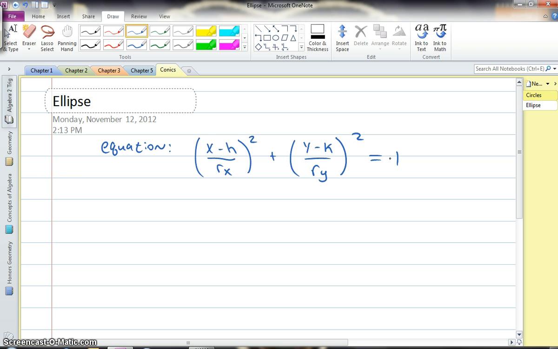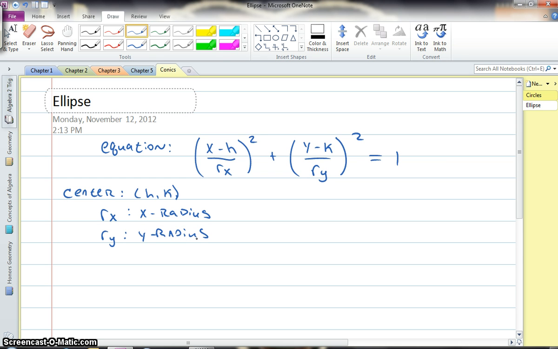There's multiple parts to this equation. There's the center, which is also h, k, opposite inside, always focused on the numerator. We said your r sub x is your x radius, and your r sub y is your y radius.